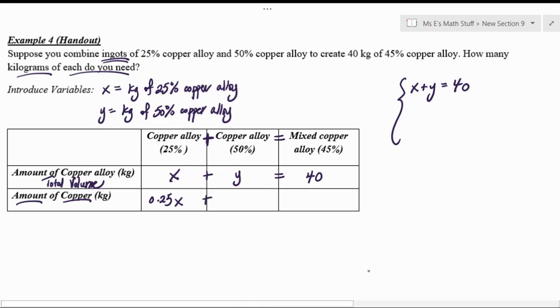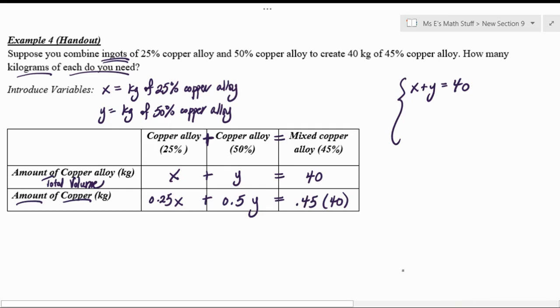Plus, if Y is the amount of the 50% copper alloy, only 0.5 of it is copper. Altogether you need 40 kilograms, and you want it to be 45% copper, so 0.45 of 40 would be pure copper.